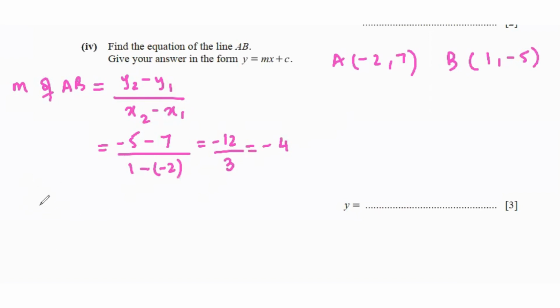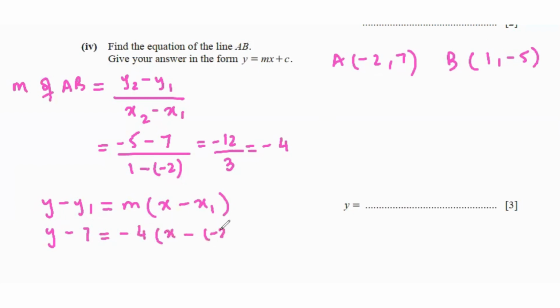Then we do y minus y1 equals m times x minus x1. We can pick either of the coordinates. So if I pick A, it's going to be y minus 7 equals -4 times x minus -2. y minus 7 equals negative 4x and negative 8.